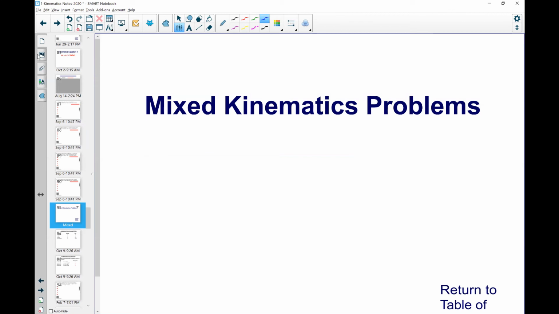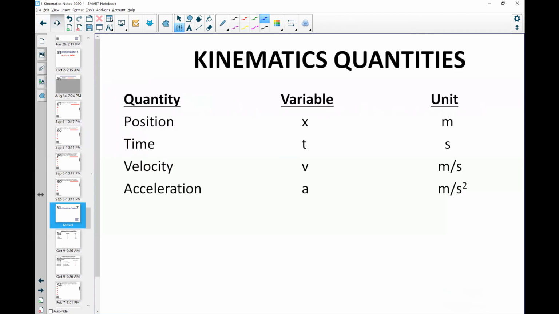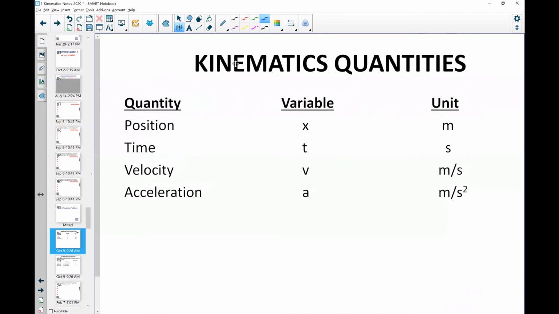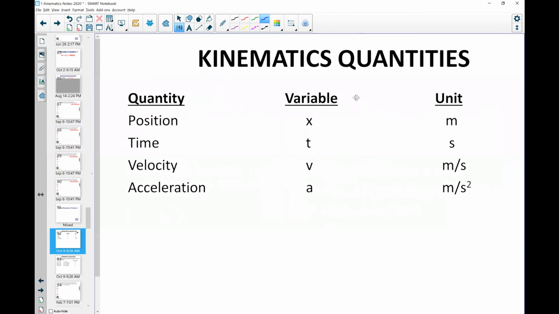Well, there are some key things I want to make sure you're tucking into the back of your brain. This is not so much notes about new information. It's ways to organize your thoughts, ways to be strategic and efficient. One thing to keep in mind is we know these kinematic quantities, and you should have very solid in your brain what the units are for all of them.